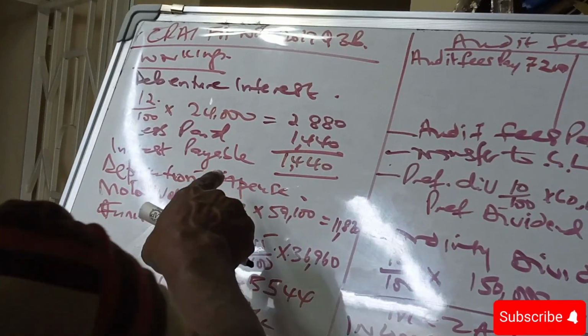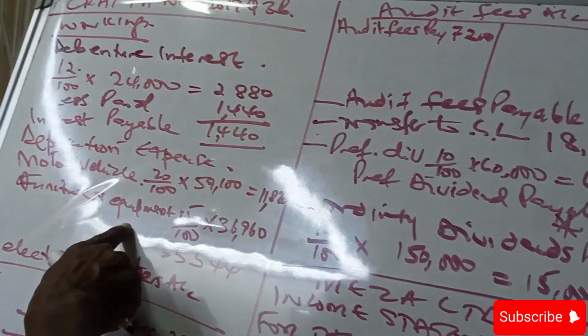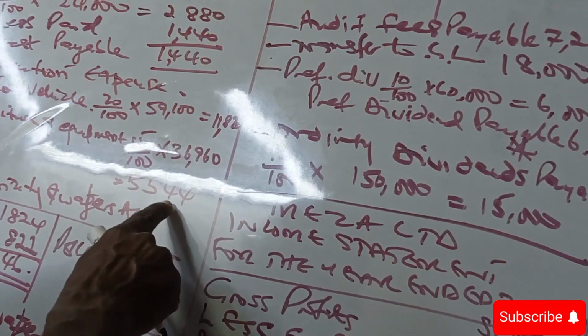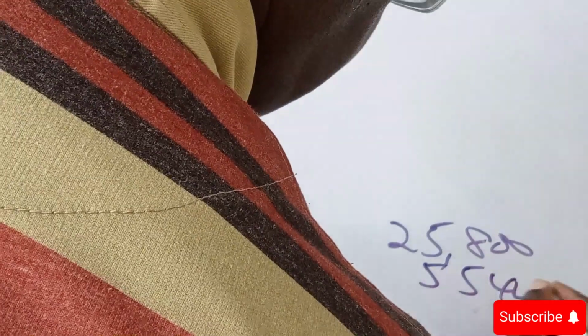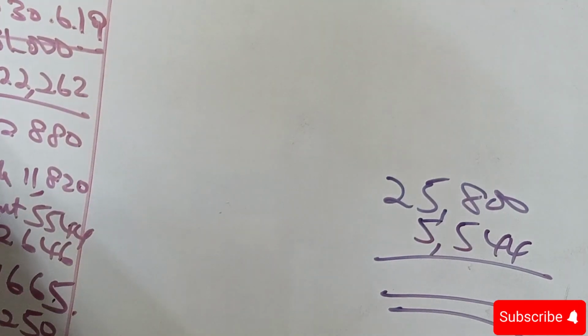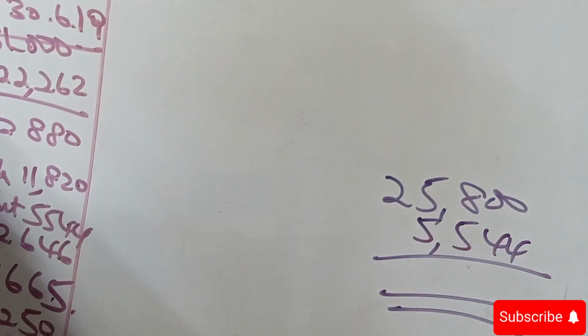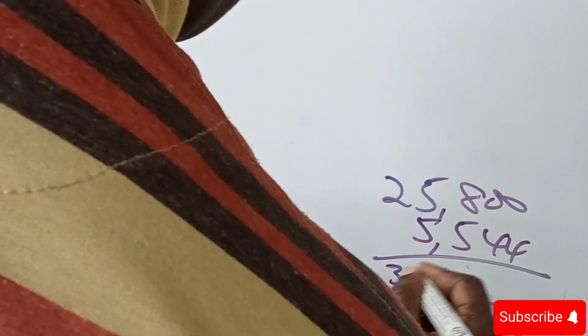Our depreciation for furniture and fittings for the year is 5,544. You add 5,544 and we get a figure of 31,344.